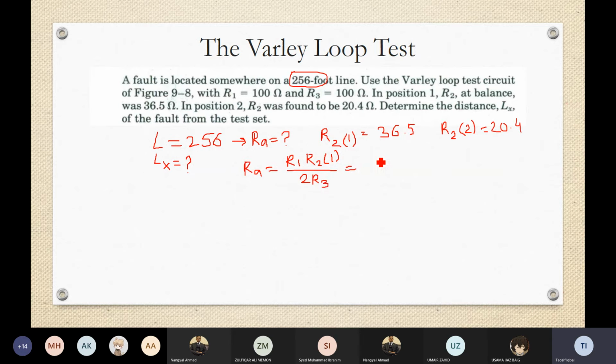So we have the value of R1 equal to 100. R3 is also 100. So we just need to divide R2, which is 36.5, by 2. So therefore we'll get 18.25.